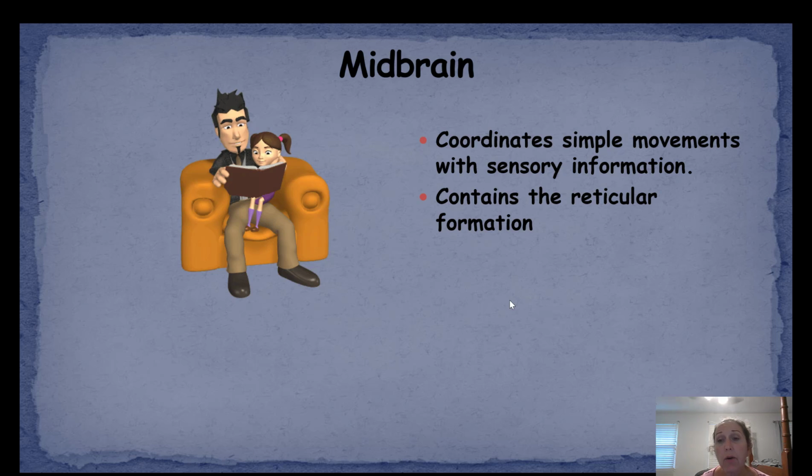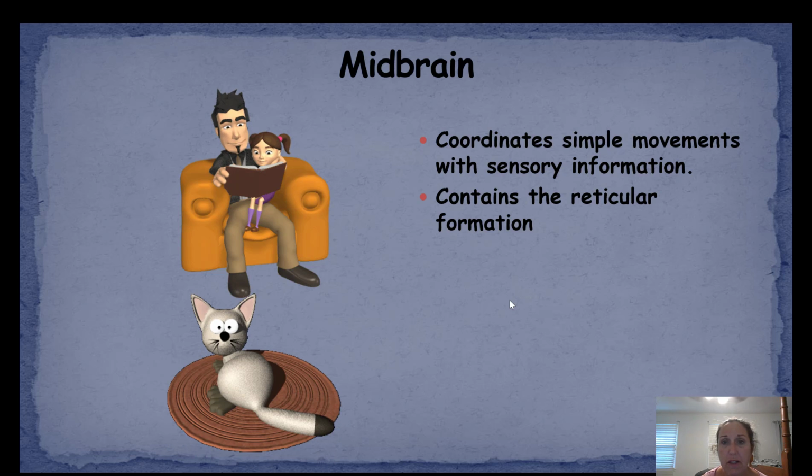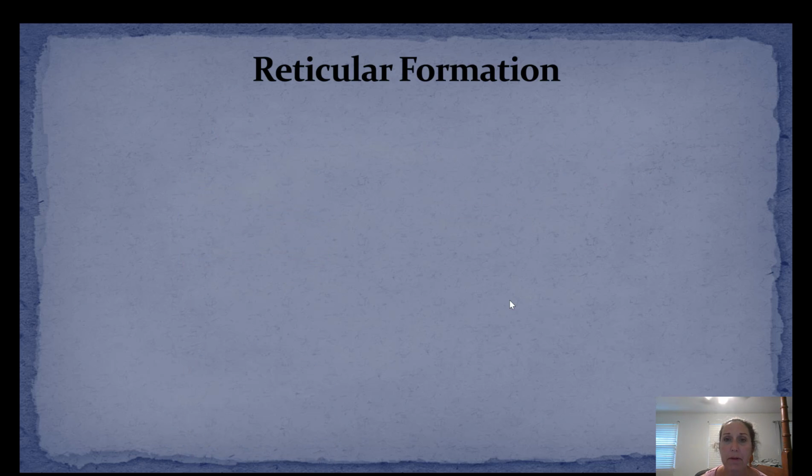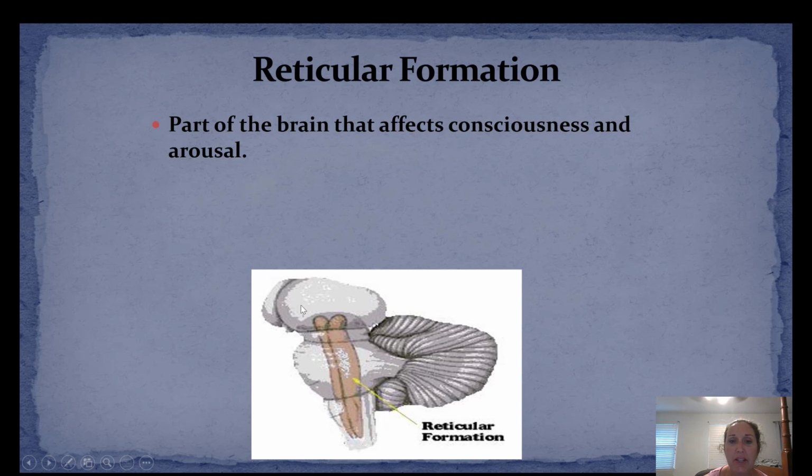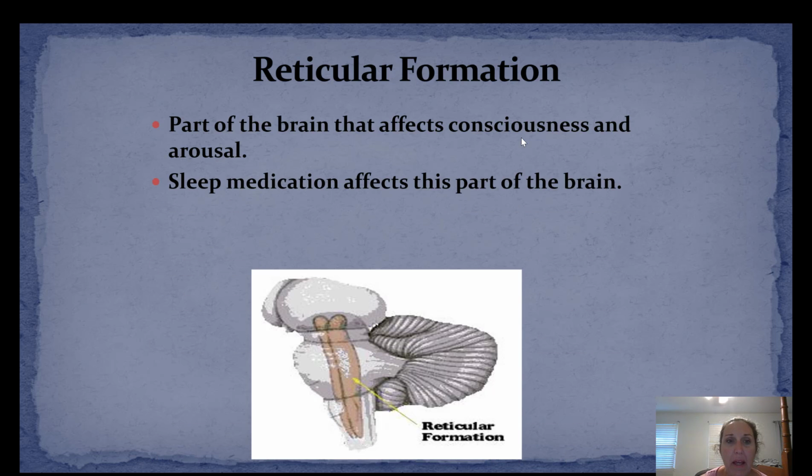The midbrain coordinates simple movements with sensory information, and it contains the reticular formation. So what the heck is that? The reticular formation is actually inside the midbrain. You can see right there. And it affects consciousness and arousal. Basically, consciousness is what you're aware of in the world, and arousal is like being awake.